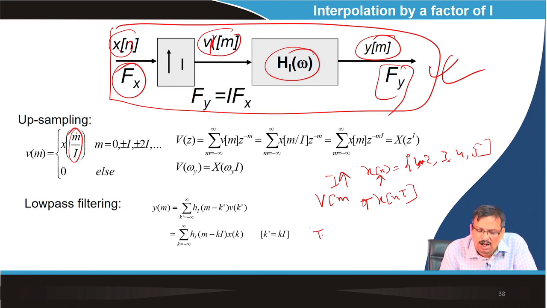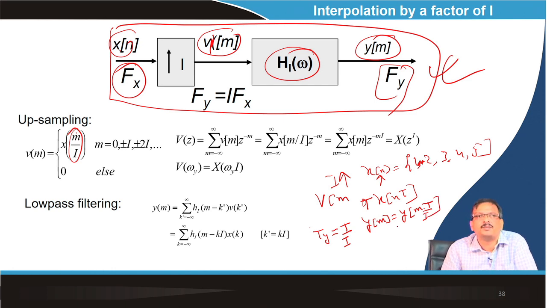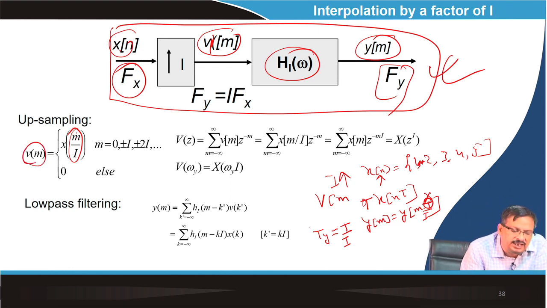Now my Ty is nothing but T by I. So y of m is y of mT by I. T I am not writing, because when we write a discrete signal we do not write this T. But I know that the index is divided by I. So v of m is nothing but x of m by I.